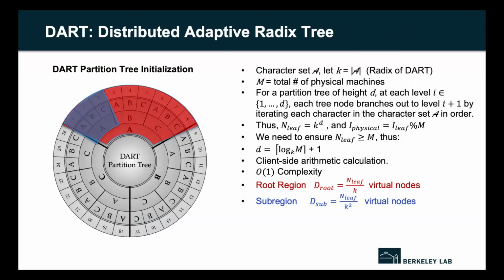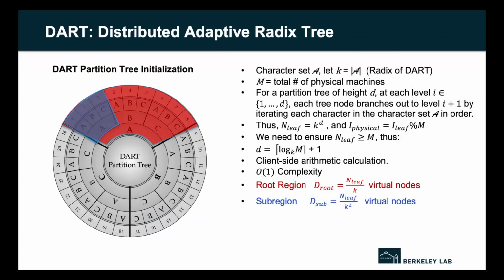So with this goal, we devised DART, which stands for Distributed Adaptive Registry. It partitions the entire search space into a series of virtual nodes following a tree-based approach.